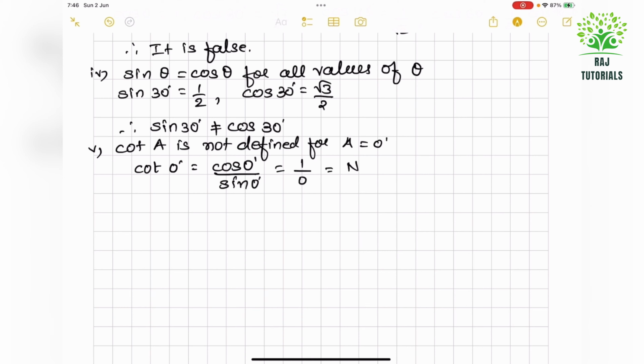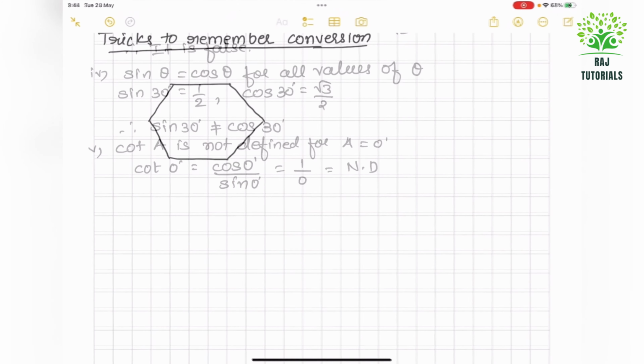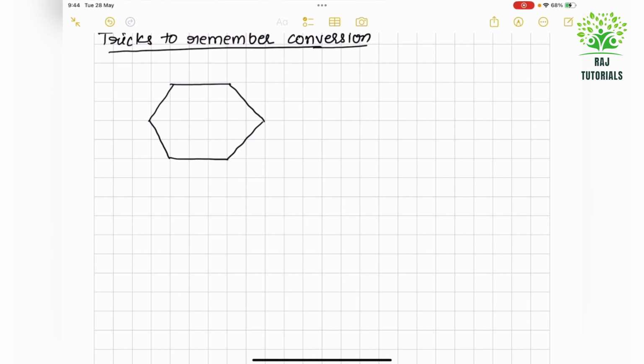So that is 1 upon 0, which is not defined. So this is true. Now I am joining the diagonals and in the center I am writing 1.